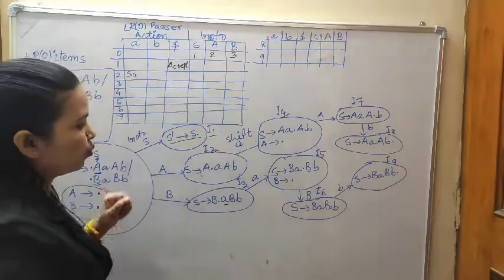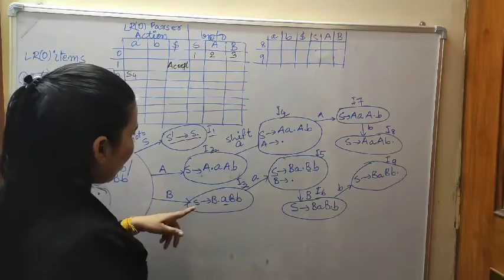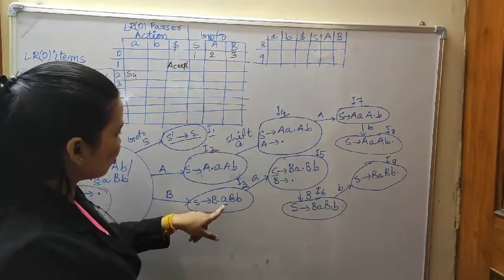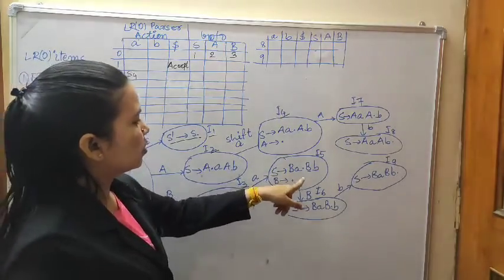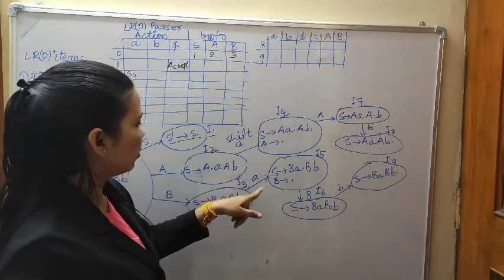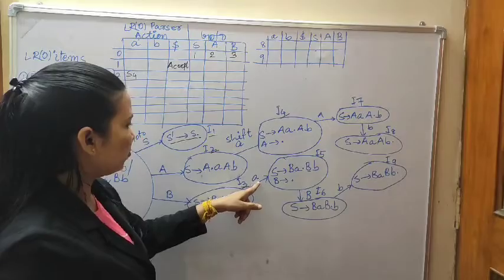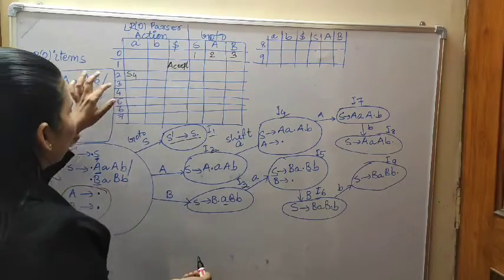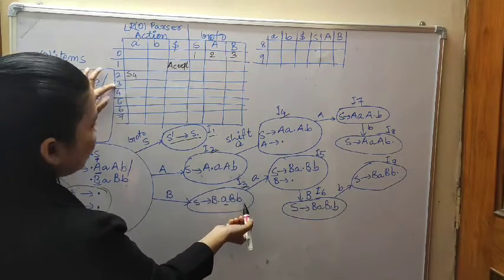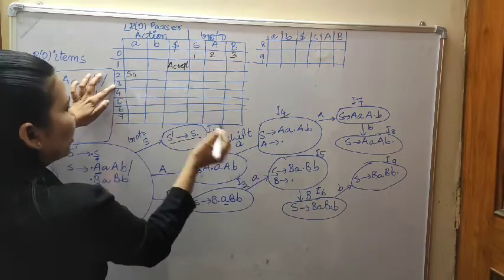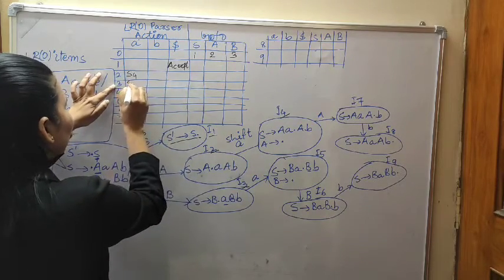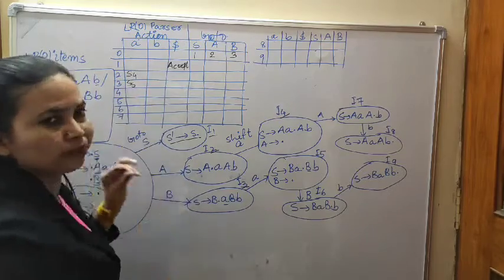Now I3. From I3 we are also shifting. Shifting to I5 on A. That means from state number 3, A is shifting to I5, that means shift 5, S5.